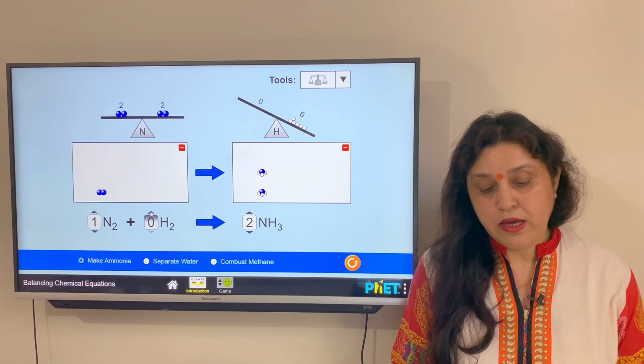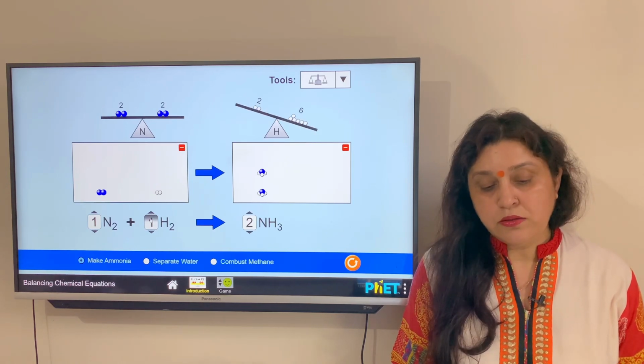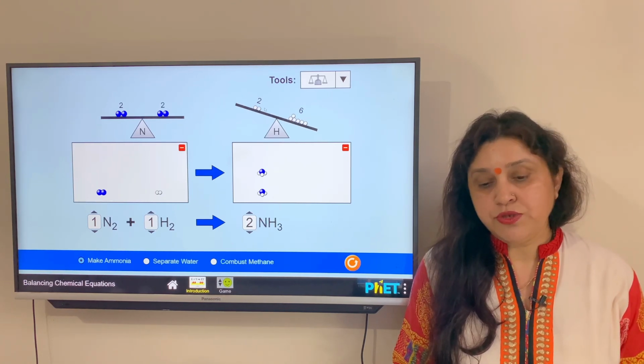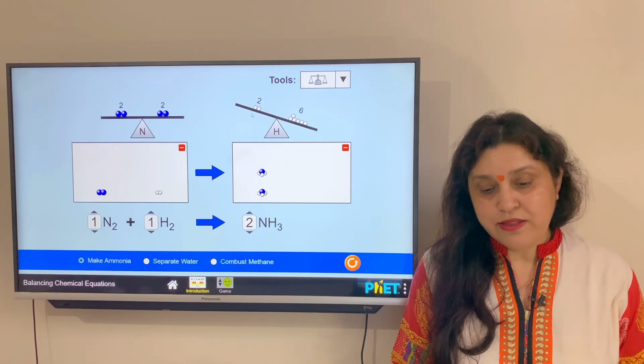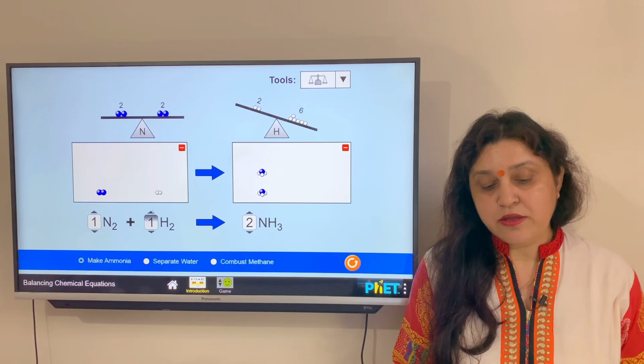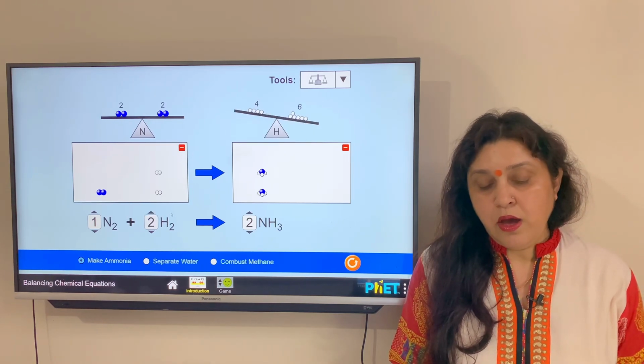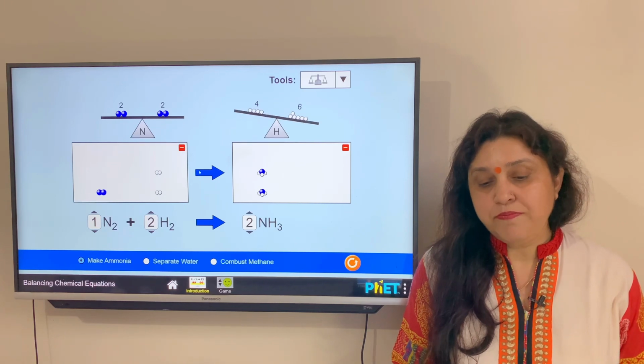When I click here, 1, 2 ones are 2, then see there are 2 atoms of hydrogen. It is not balanced. Again, I will increase the number, 2 to 4. Again the balance, it is not balanced, hydrogen atoms are not balanced.